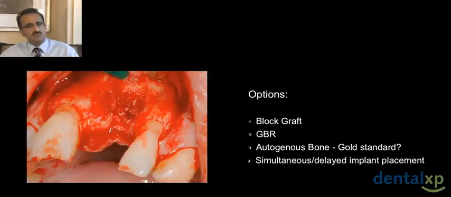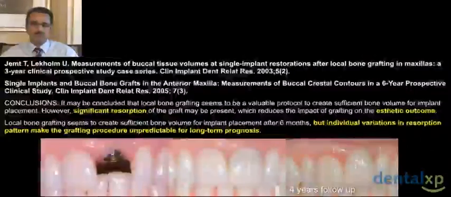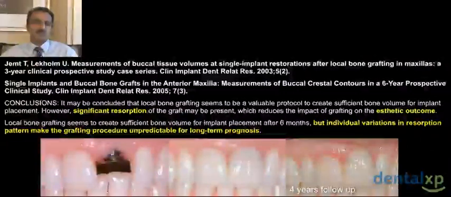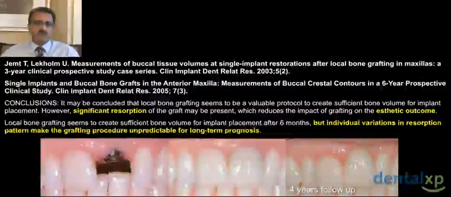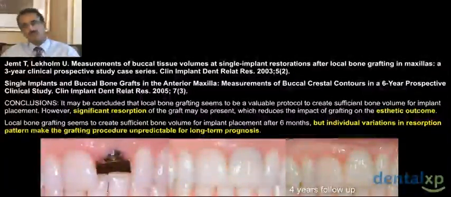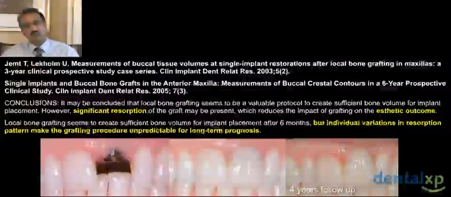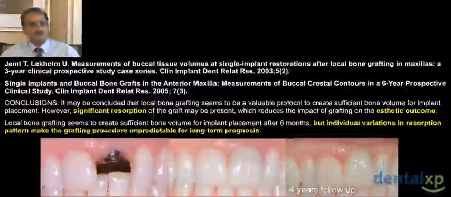But let me try and see what we can find out from our experience and from whatever literature there is, which isn't a great deal in terms of looking at aesthetics. One of the useful papers that we have from Jent and Lecombe was a study about exactly this, looking at single-tooth implants where block grafting had been done and looking at the implications of that treatment.